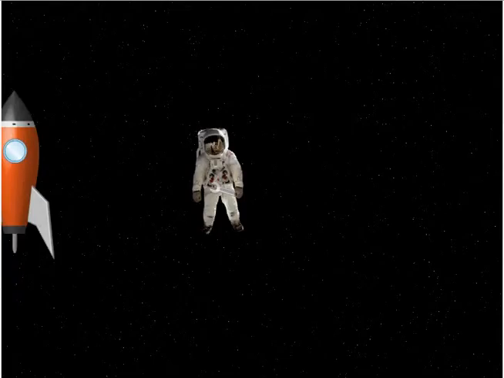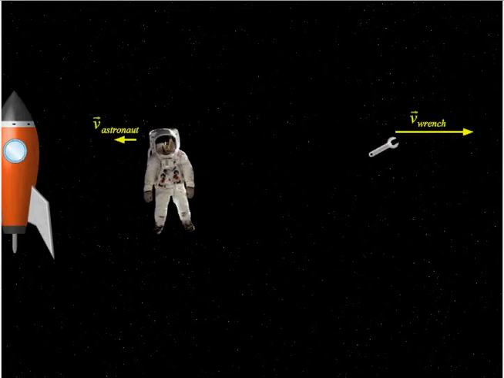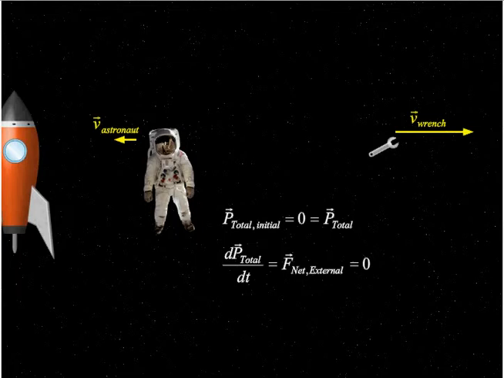We'll start by revisiting the problem we ended with in the last pre-lecture, that of an astronaut throwing a wrench. Since the astronaut and the wrench are both initially at rest, the initial momentum of the system is zero. And since there are no external forces acting on the system of the astronaut and the wrench, the total momentum of the system is conserved and will therefore always be zero.